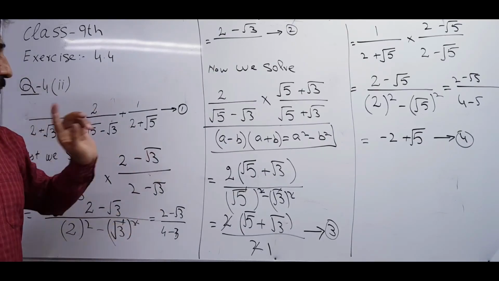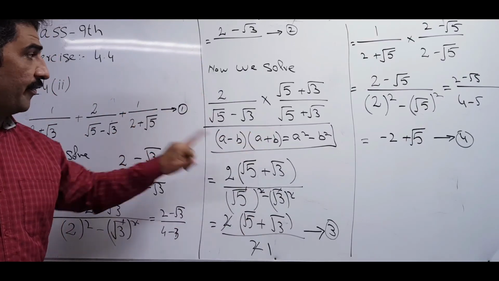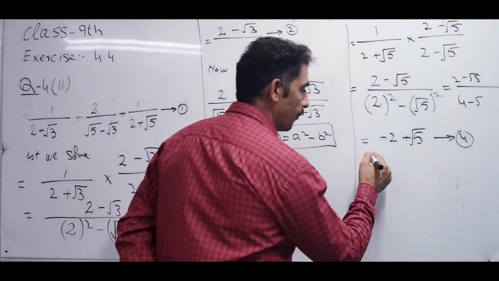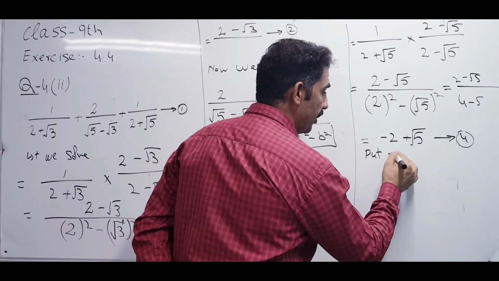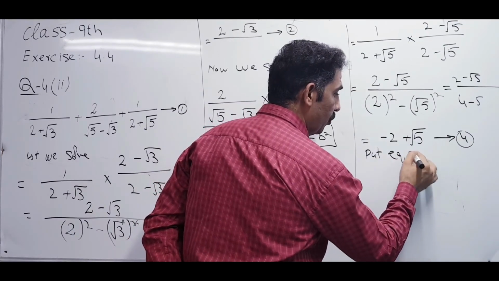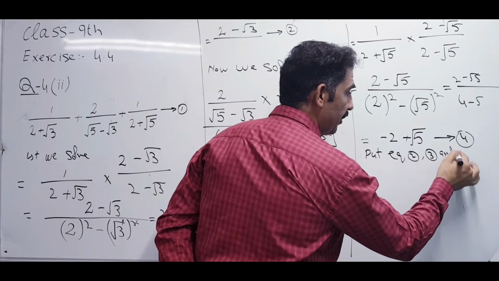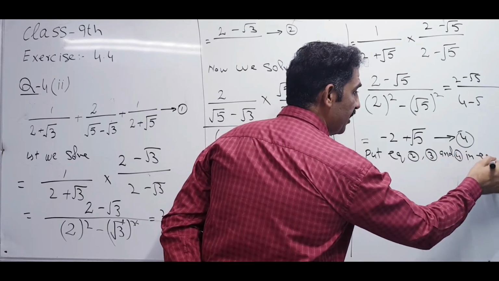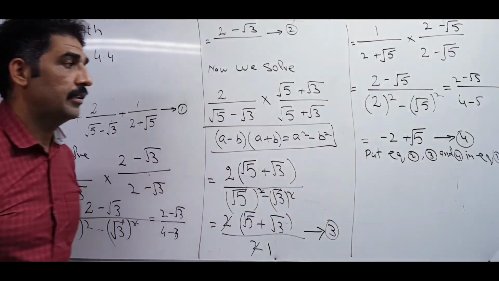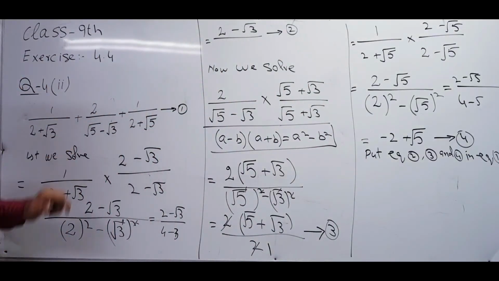We can say that put equation number 2, 3 and 4 in equation 1. Put equation 2, 3 and 4 in equation 1. We will put all three values in equation number 1.